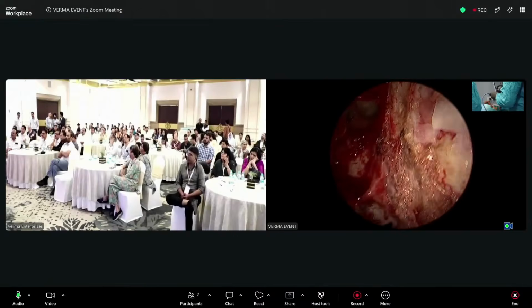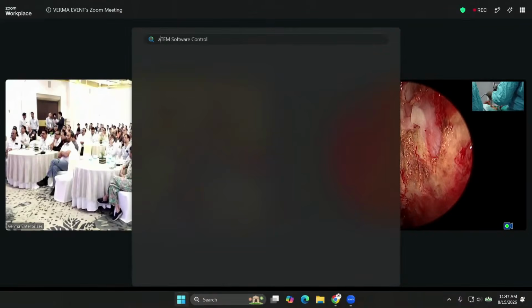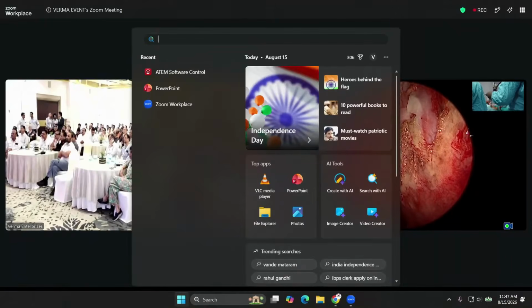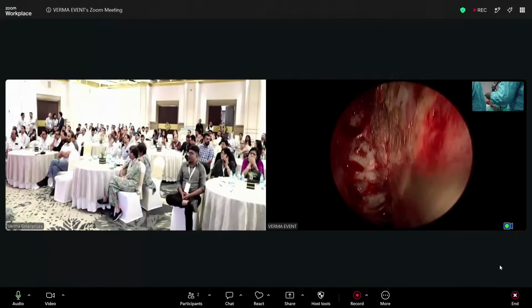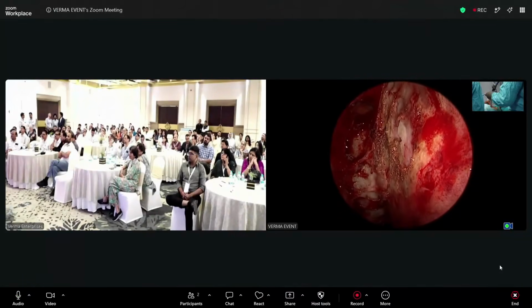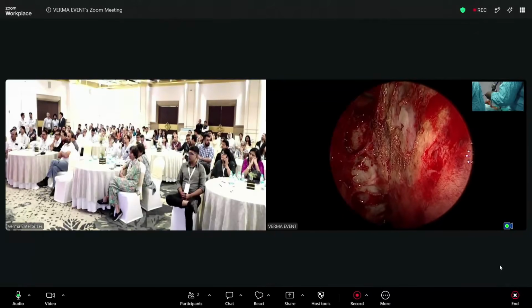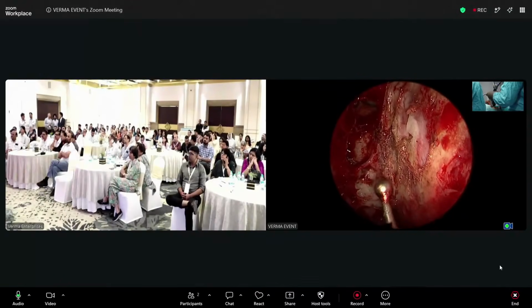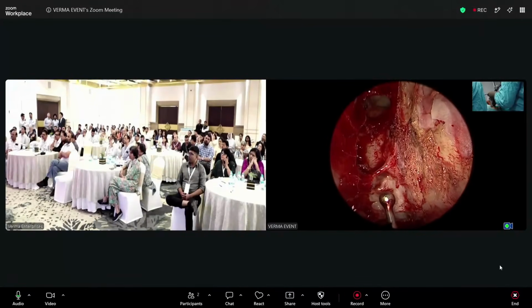And see the area of the skull base. I hope the picture is very clear. Yes, sir. And there is no leak at all, just with the coagulator. Now we have to reconstruct the skull base. See this. This is your ethmoidal roof.